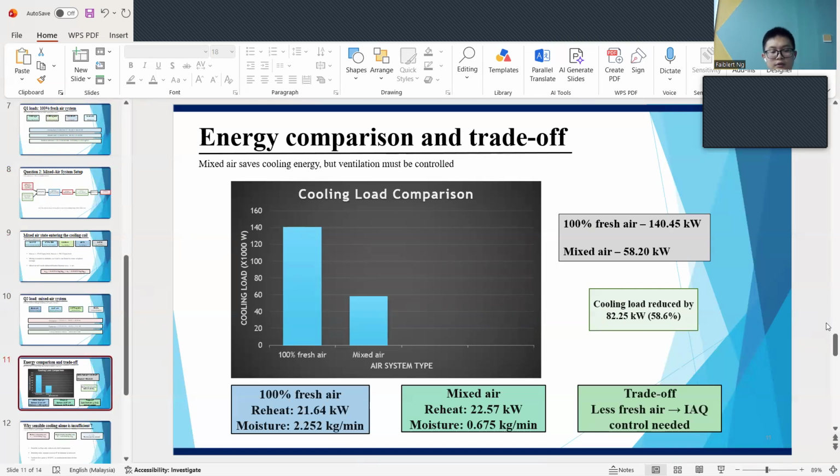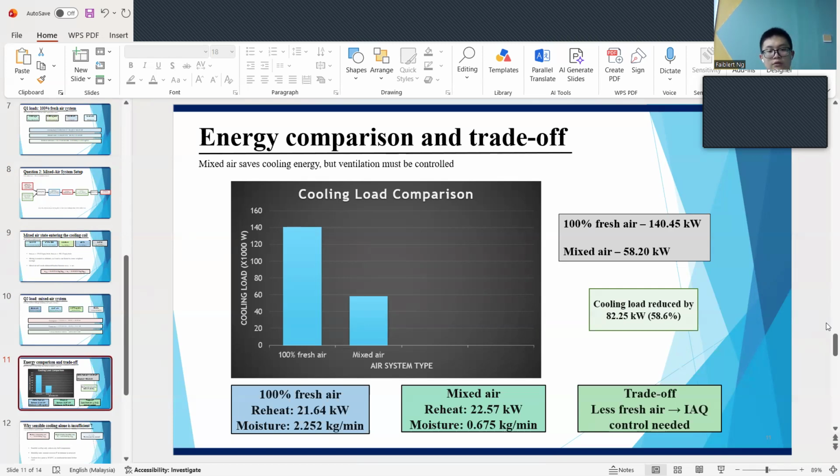For the 100% fresh air system, the cooling coil load is 140.45 kW. For the mixed air system, the cooling load is 58.2 kW. So the mixed air system reduced the cooling coil load by 58.6%. The moisture removal also reduced from 2.252 to 0.675.